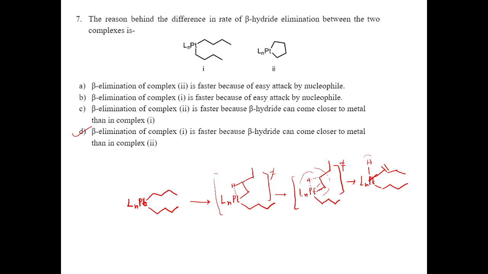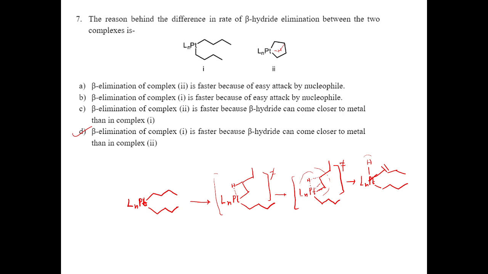But in this case, if you see, the rotation of this chain is very restricted. So if it needs to form the four-centered transition state, it has to form in this way. So it's a very strained condition because of that ring.